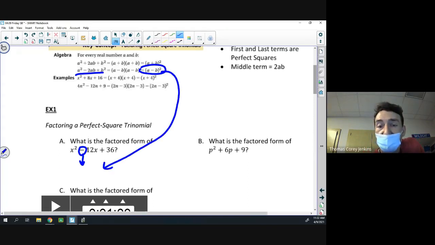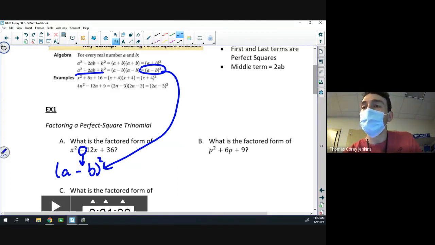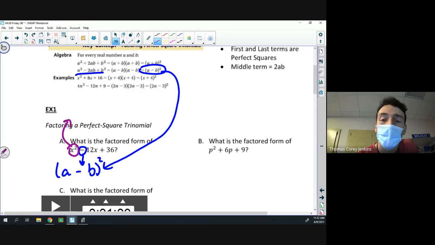So it's going to be a minus b squared. Okay, a minus b squared. Now, what's a, what's b? So a is always, no matter what formula we're using, the square root of the first term. All right, so a equals the square root of x squared, which is just x, okay?